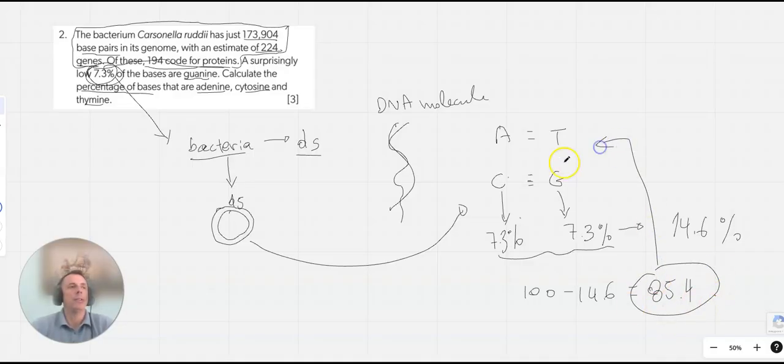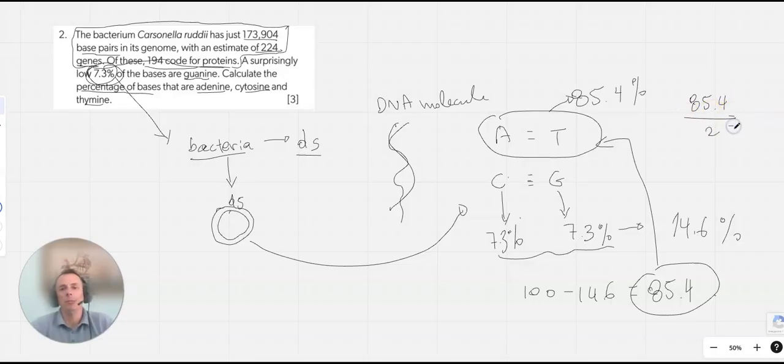The rest of it is adenine and thymine together, 85.4%. So what you just need to do then is divide 85.4 by 2 and you'll get 42.7%. Why do we divide by 2? Because A pairs with T, so the percentage of each will be equal and half of 85.4. So each one of these would be 42.7, 42.7, and you've got your answer.